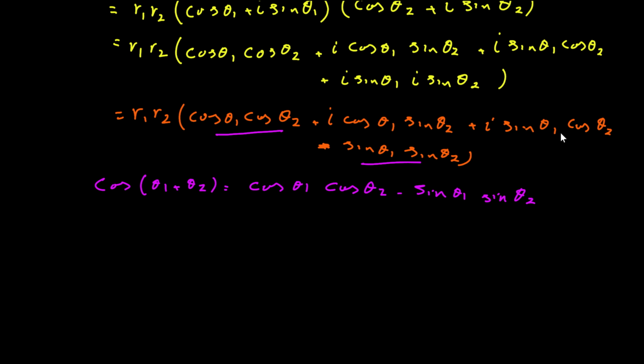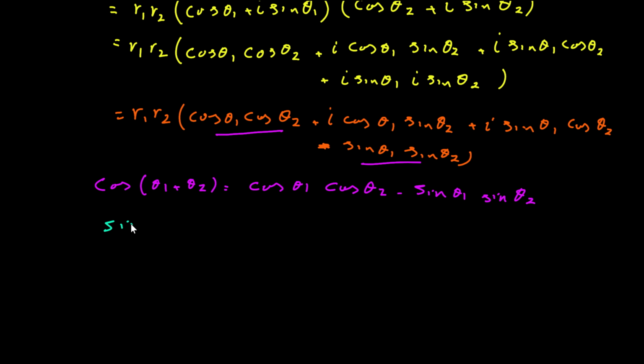Now, what about the other ones? What about these two? If I factor out the i from these two, what am I going to get? I'm going to get cosine of theta 1, sine of theta 2, plus sine of theta 1, cosine of theta 2. And that's the sine.